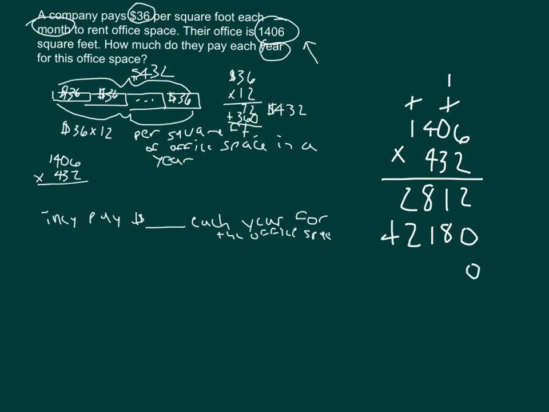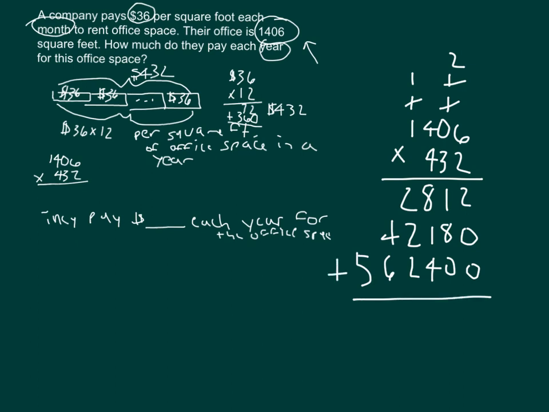Placing 2 zeros because that 4 is worth 400, 4 times 6 is 24, 4, regroup a 2. 4 times 0 is 0, plus 2 is 2. 4 times 4 is 16, 6, regroup a 1. 4 times 1 is 4, plus 1 is 5.